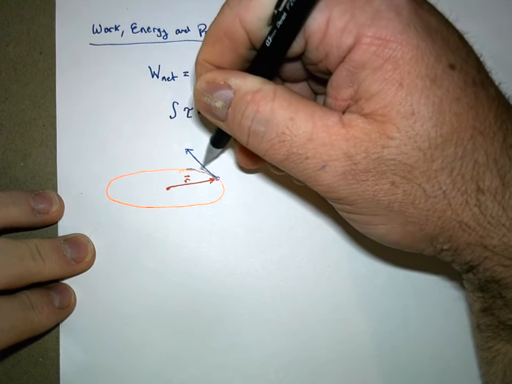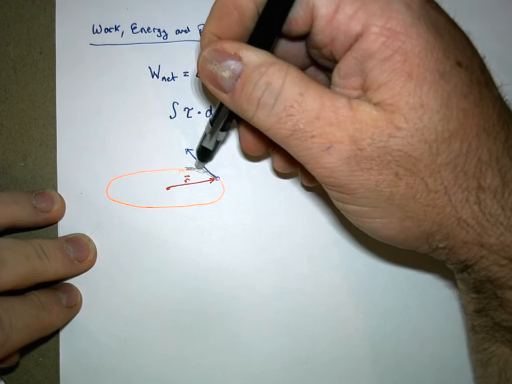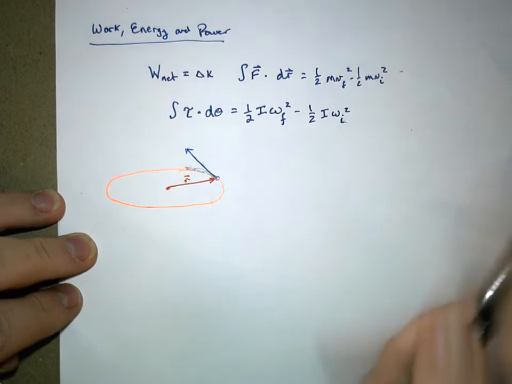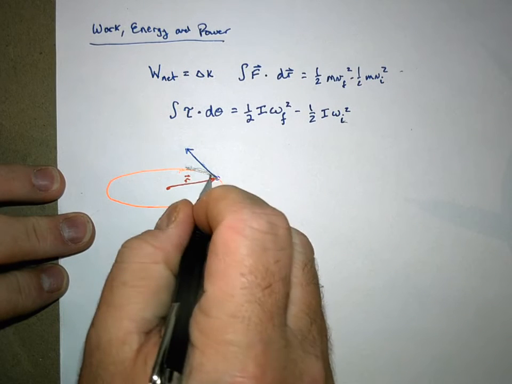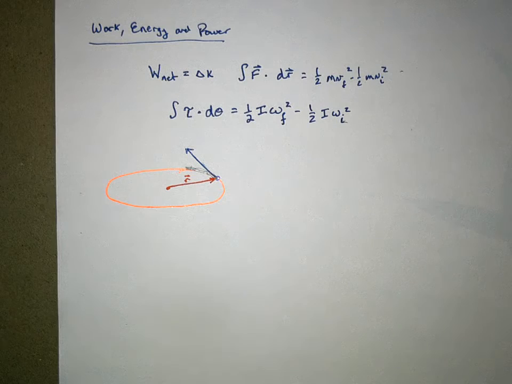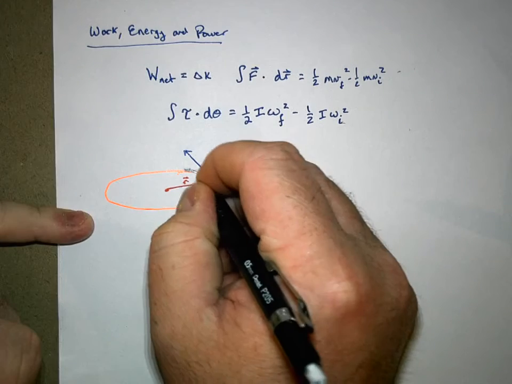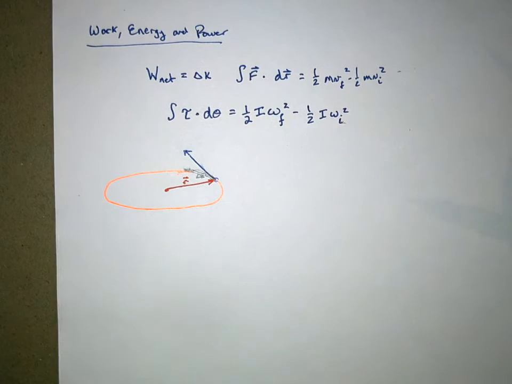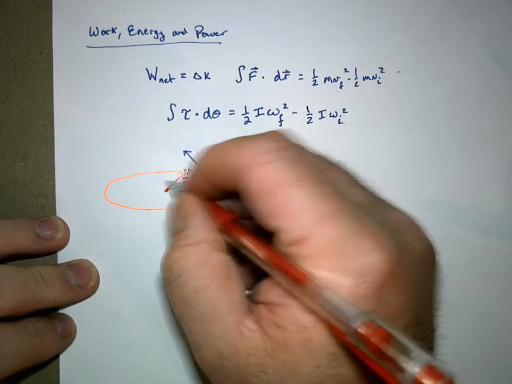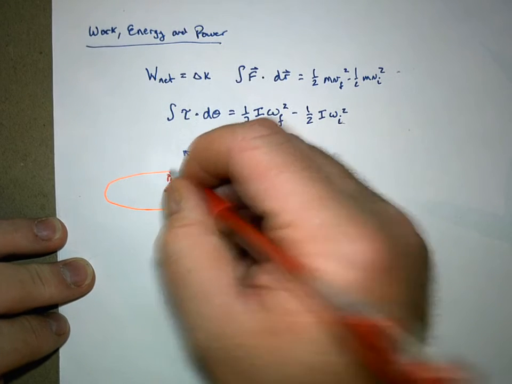Now, this object will travel along this arc length right here. What do we call our arc length? We call our arc length S. So that's going to be our delta S. And if it travels along that delta S to a new r, we have an r initial and an r final.